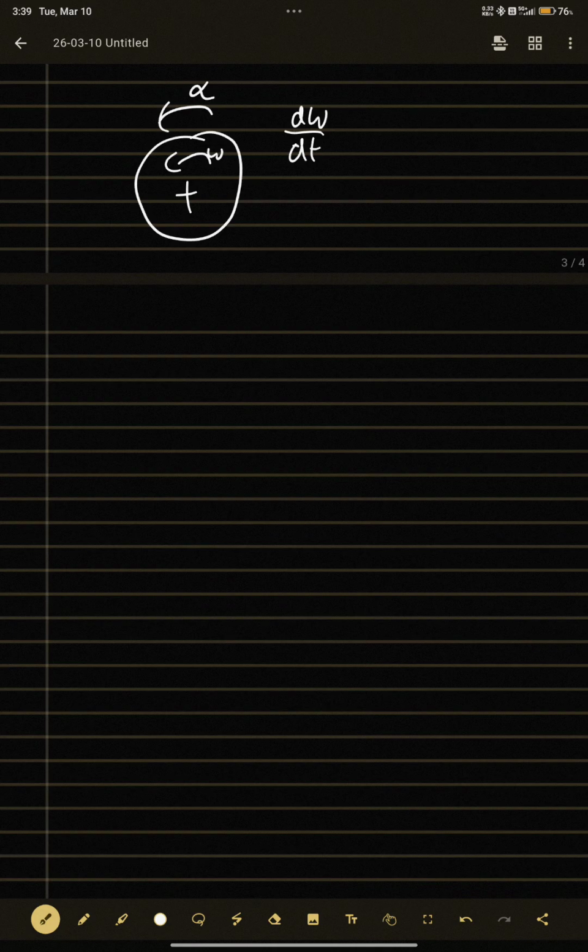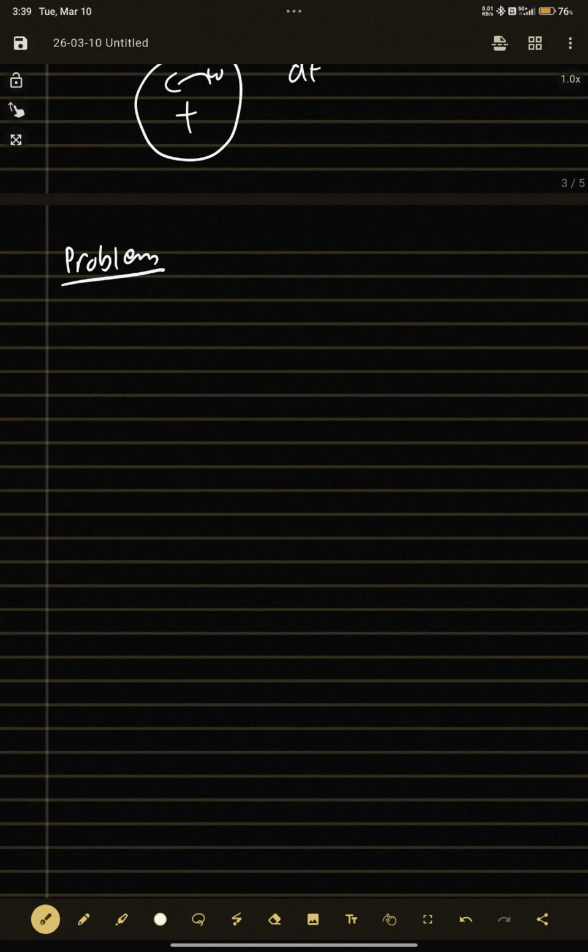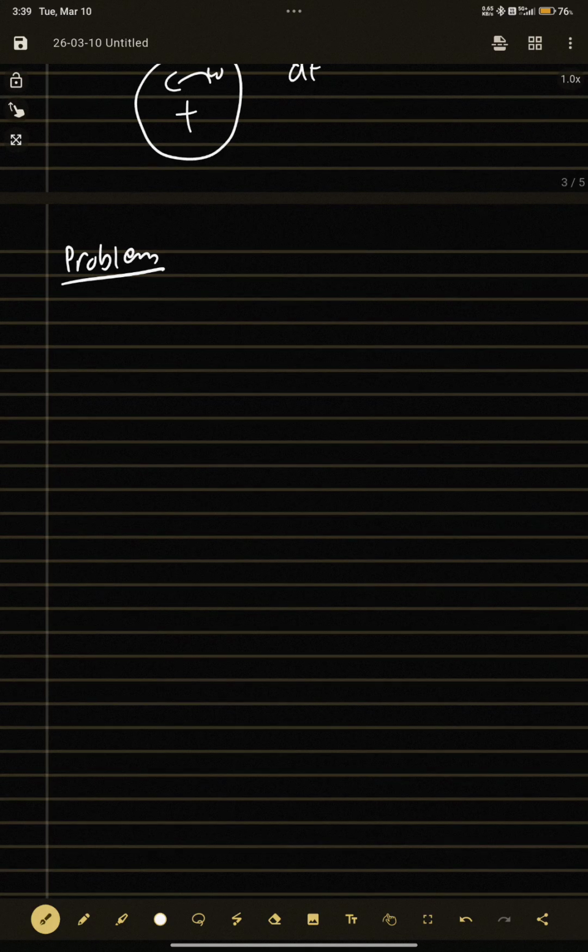Now you want to use this, you have to apply it to a simple problem here. So this particular arm, this can rotate about the x-axis as you can see, and further this OA arm rotates about the z-axis with this speed n.